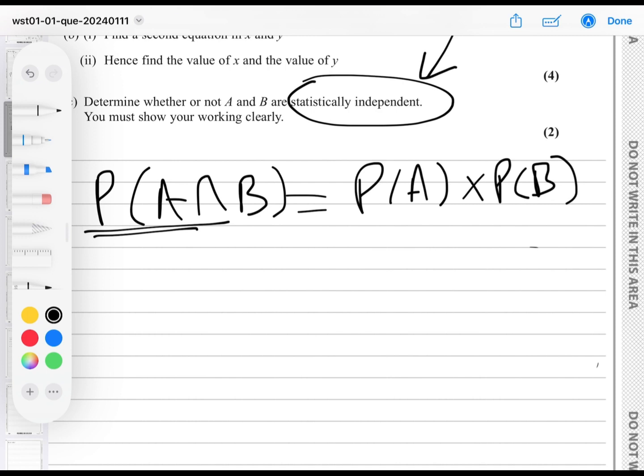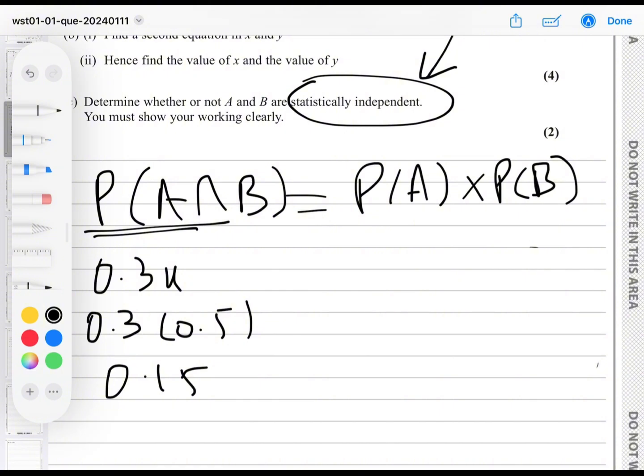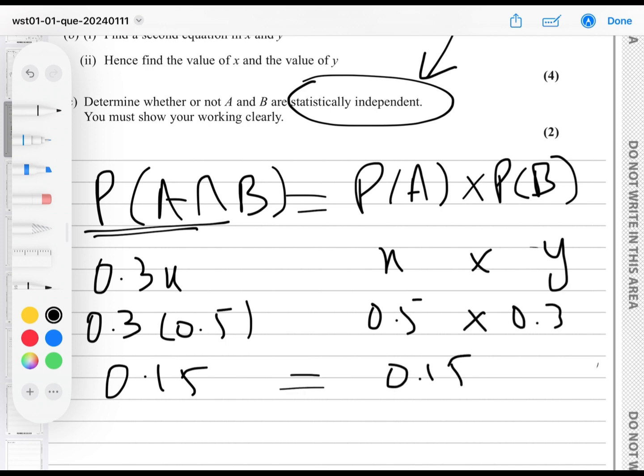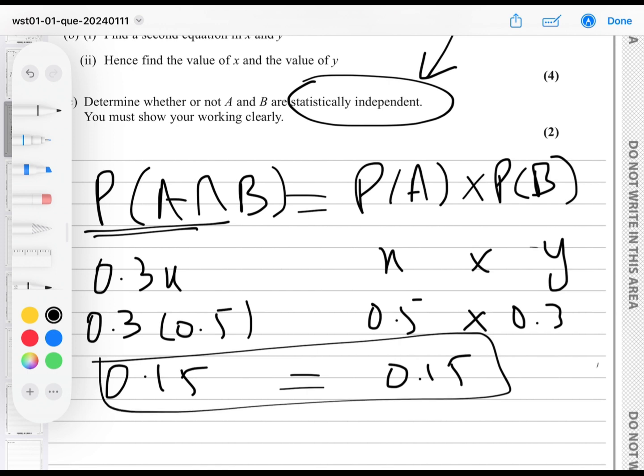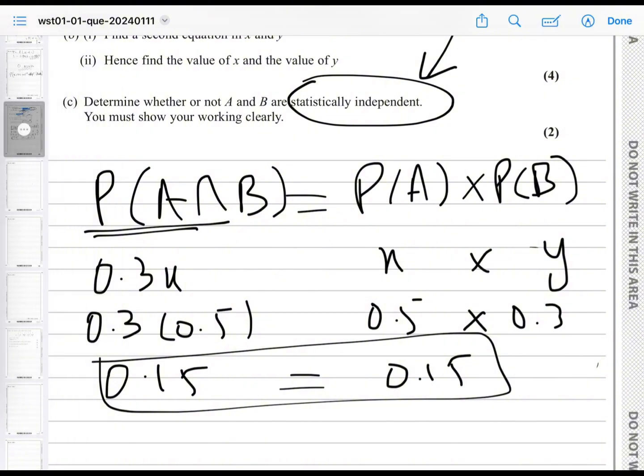The probability of A intersection B is 0.3x, and we know the value of x is 0.5, so this is 0.15. And the probability of A is x and the probability of B is y, so the product is 0.15, so they are equal. So they are statistically independent. Okay, both are equal. So that's it for the 6th question.